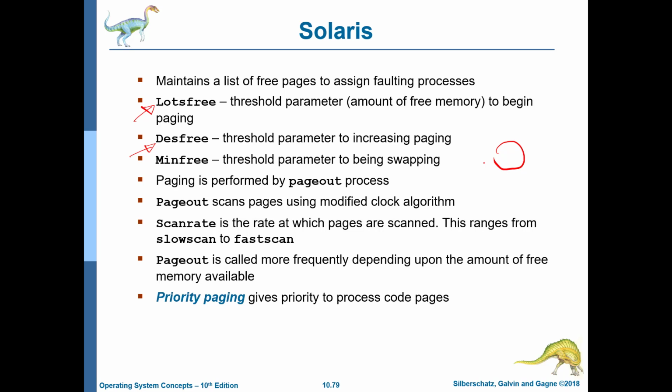The notion of priority paging does exist, where we give priority to certain kinds of pages. Let's say, for example, we give priority to code pages. Why would that be? Well, the reason is that code pages are used very often. There are actually several reasons why code pages are given priority, so let me list some of the main reasons.